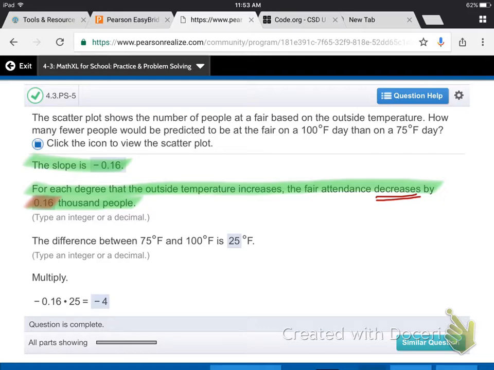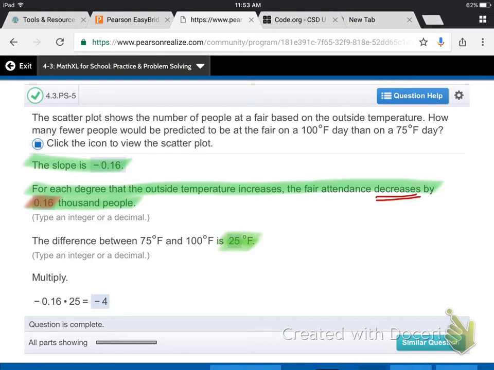So next question is very simple. It says the difference between 75 degrees Fahrenheit and 100 degrees is, and we put our answer there. That's very simple. All you need to do is subtract 100 minus 75.